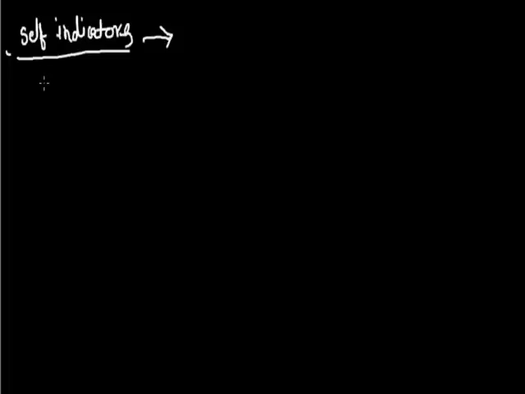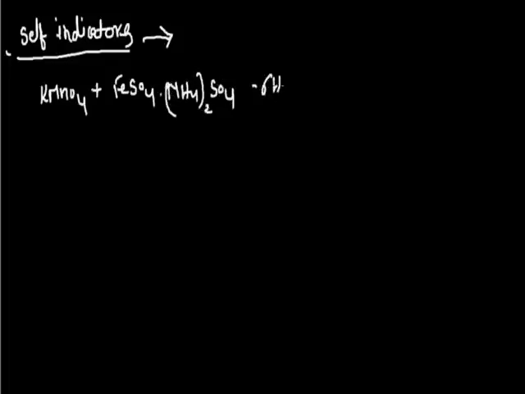For example, if we are performing the titration or reaction between KMnO4, that is potassium permanganate, and ferrous ammonium sulfate, that is FeSO4.(NH4)2SO4.6H2O, also called Mohr salt, then in this titration the reagent KMnO4, which is an oxidizing agent, acts as a self-indicator.